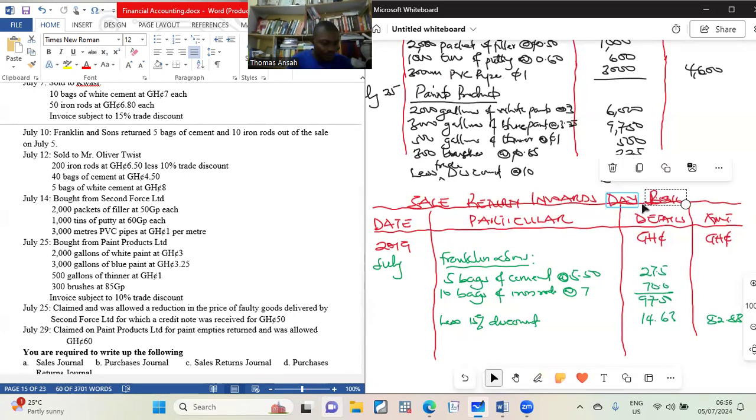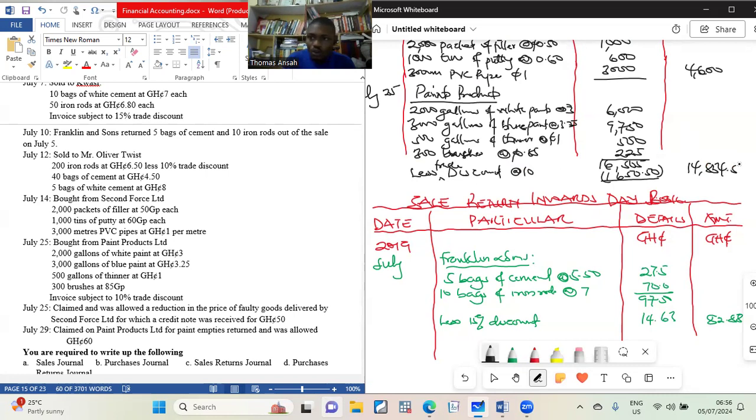So minus 16, how much is that value? 1,650.5. So that gives me 14,854.5. So I will total it and transfer to which account? Purchases account. All right. So that is that.